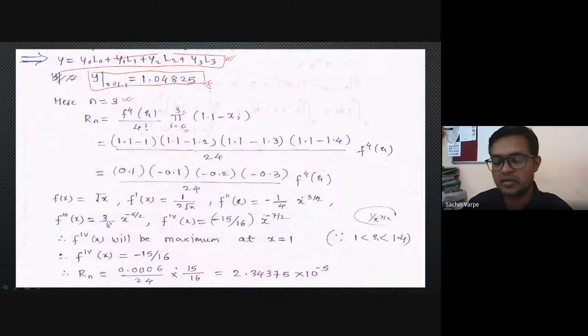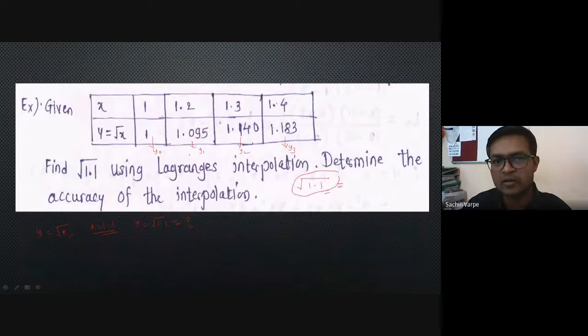So we have seen at the very beginning that for two points we get a polynomial of degree 1, right? For 3 points we get a polynomial of degree 2. For 4 points we get a polynomial of degree 3. So how many are given here? 4 points: 1, 2, 3 and 4.